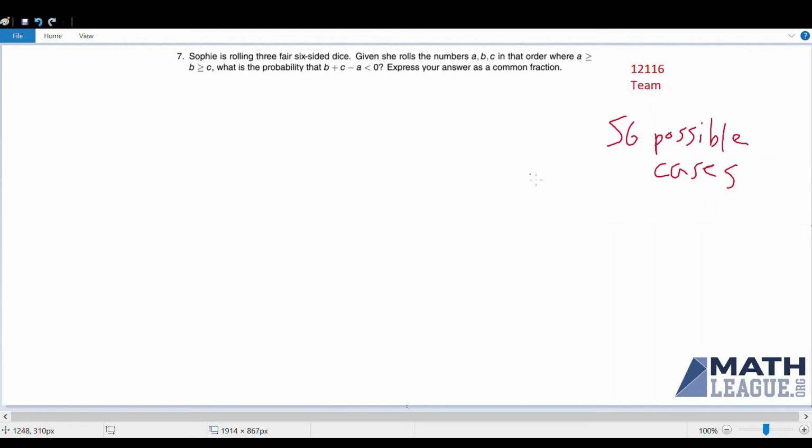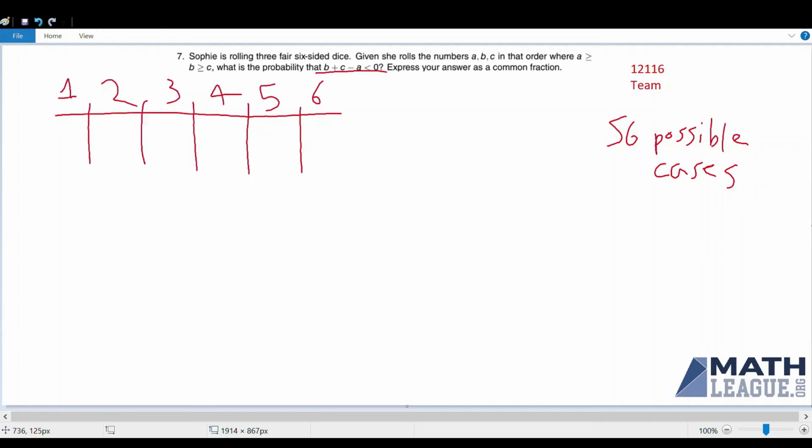So now that we have a little bit more space, let's find the number of cases where this quantity B plus C minus A, right here, is less than 0. So again, we're going to do casework based on the value of A. So let's draw out that table again. Well, the minimum value of B plus C is going to have to be 2, 1 plus 1.